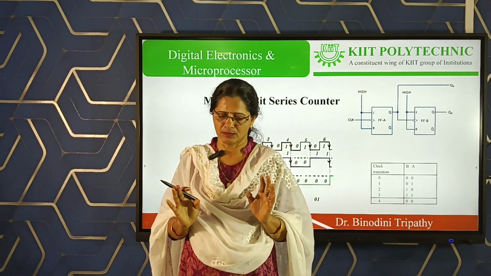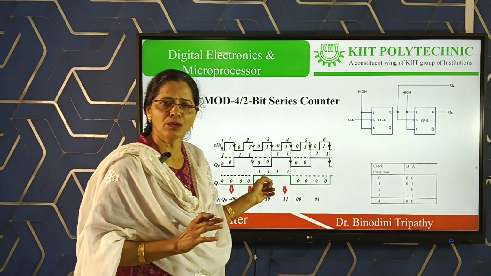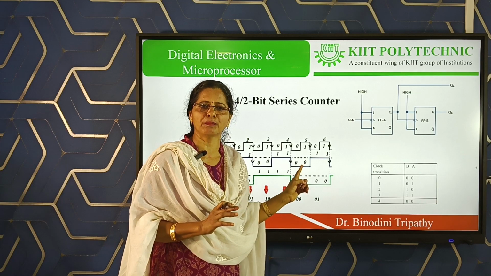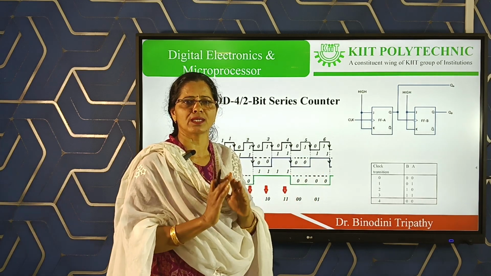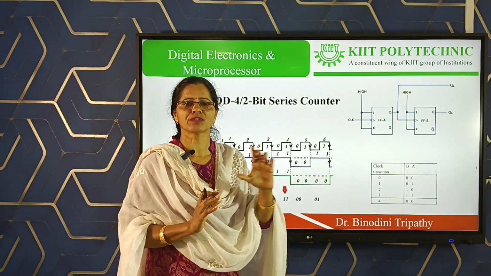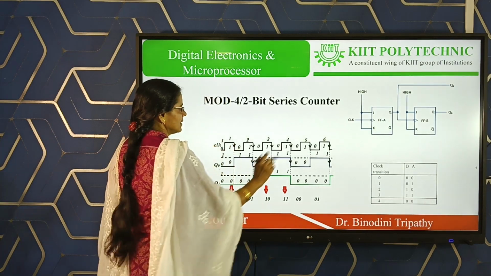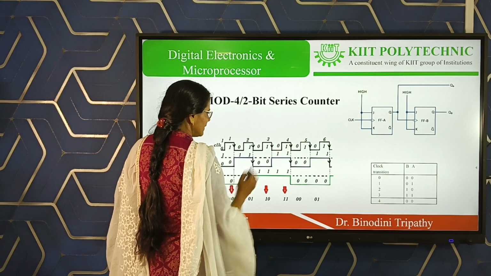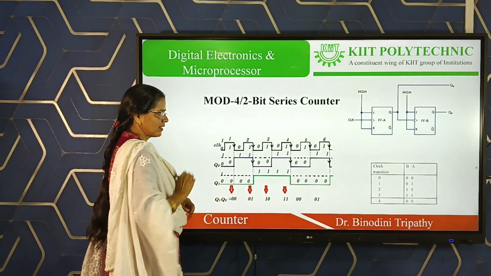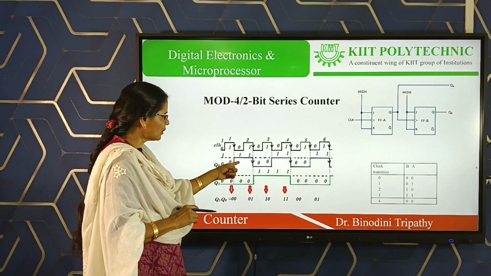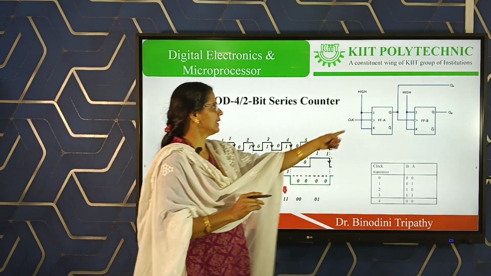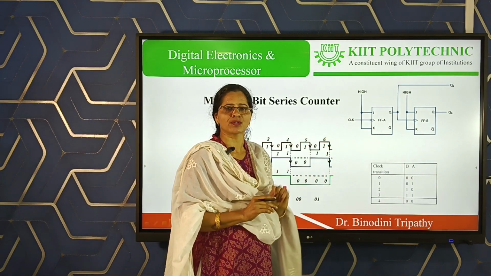So from that we conclude this counter has the capability of a maximum count of 1, 1, or a total number of sequence of 4. So like that, just like we have explained, we can draw the timing diagram. Your truth table and timing diagram directly indicate the function of this counter.